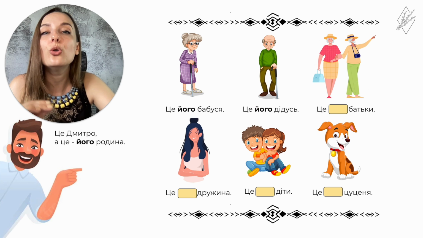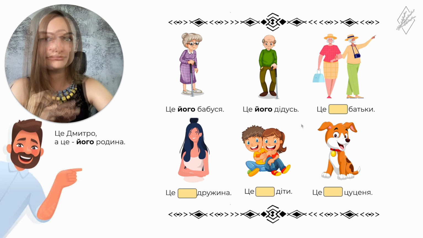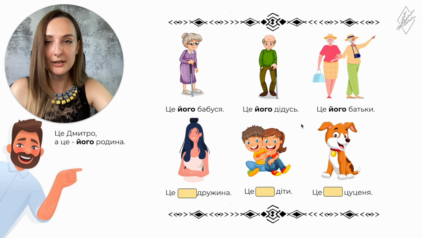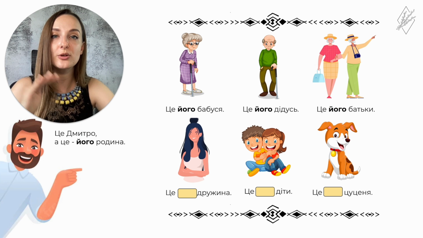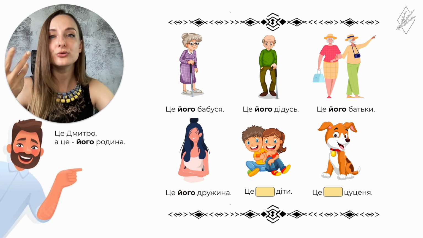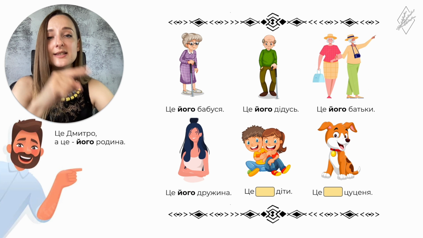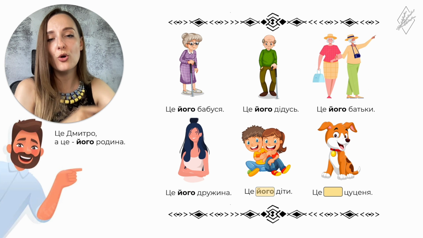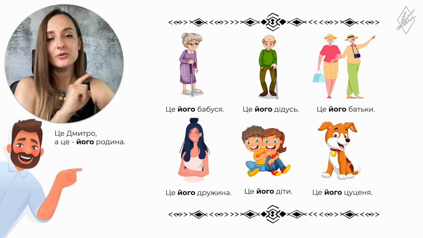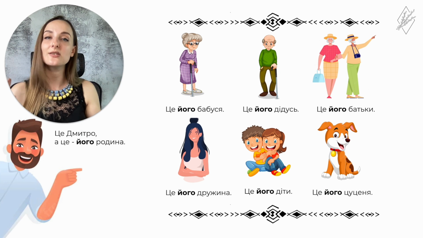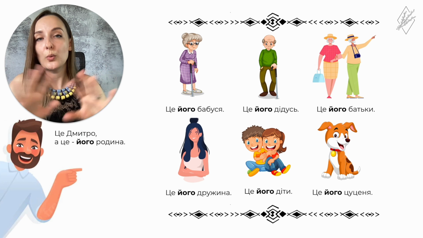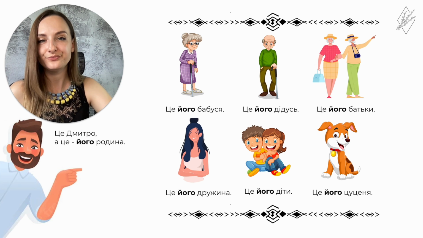Це його дідусь. The next one. Це його батьки. Again, we do not change the pronoun його. Це його дружина. Це його діти. І це його цуценя. So for his, the same as for her, like її, we do not change the pronoun.